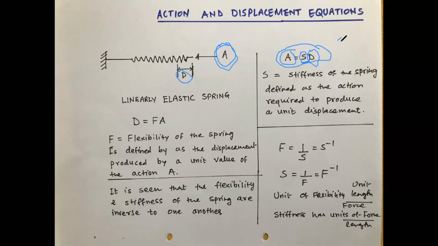I can write S is equal to A by D. When you make D equal to 1, you get the stiffness. So if somebody asks you the definition, the stiffness of the spring is defined as the action required to produce a unit deflection.